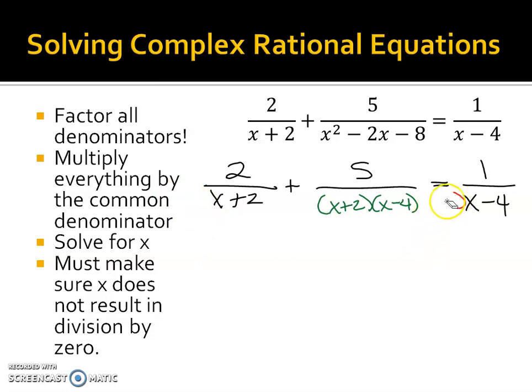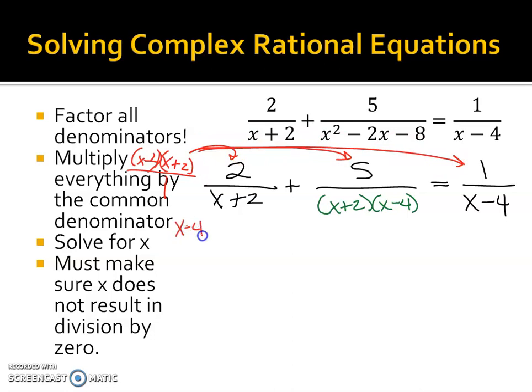But they all have to have an x plus 2 and an x minus 4. Okay, so the common denominator that we are going to multiply everything by is x plus 2 times x minus 4. Okay, and I'm going to multiply that to every single thing up here. Okay, so I'm going to have to write small to show all this stuff. x minus 4 times x plus 2 over 1 times 2 over x plus 2.